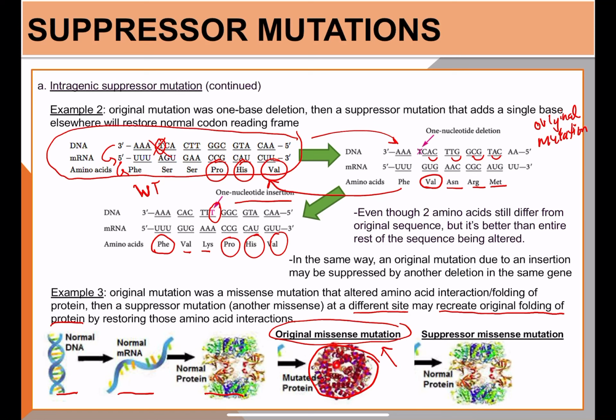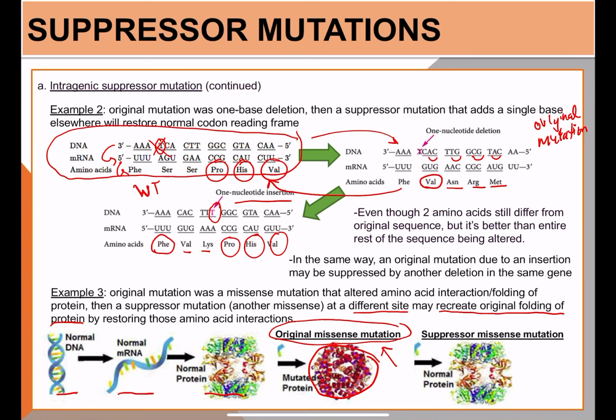So the original missense mutation led to this misfolding of the protein shape and structure, but a second suppressor mutation somewhere else, maybe 100 amino acids down the road, somehow affects the protein structure in a way that it folds it back into the wild type shape protein structure. This can happen as well.